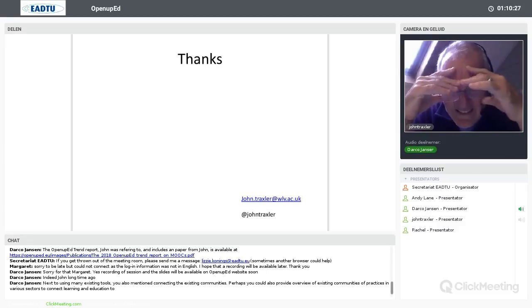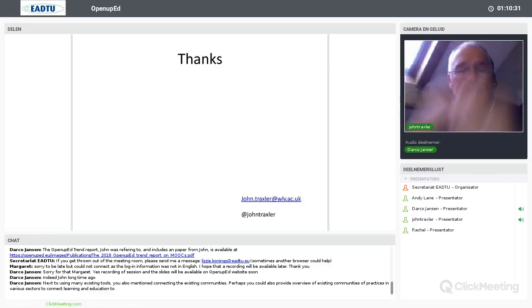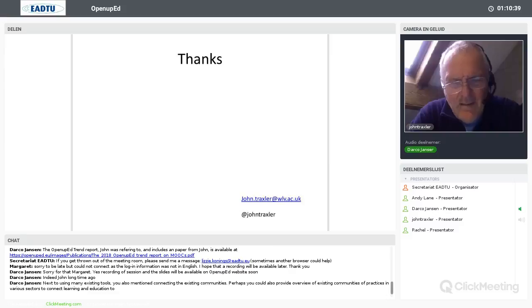Could you also do that by connecting to existing communities? So provide an overview of existing communities of practice that could be connected to learning and our educational efforts. So not only the tools, but also connecting to active communities of practice on certain themes and topics that we should embrace in our education.